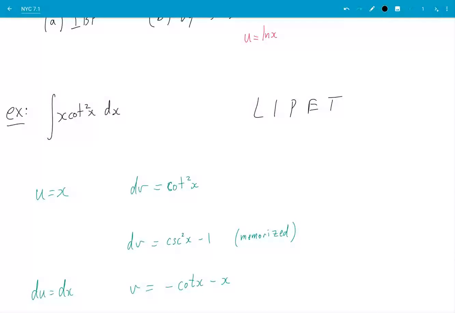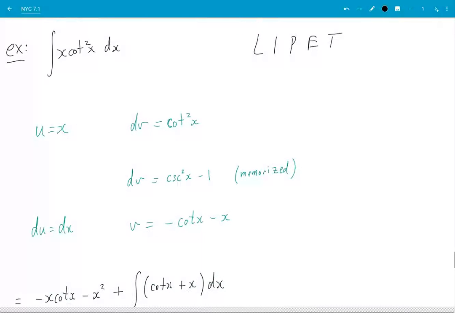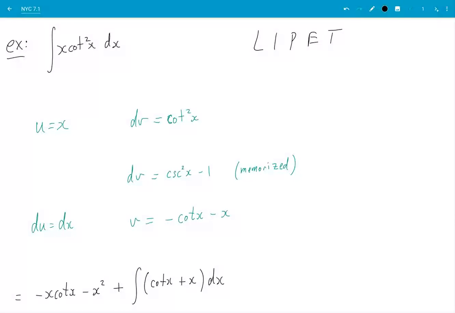Cosecant squared, the integral is minus cotangent. And then the 1 becomes just minus x, and so on. I think the rest is pretty straightforward. Plug things in via your by parts formula. Integral of cotangent is something you will likely just memorize.